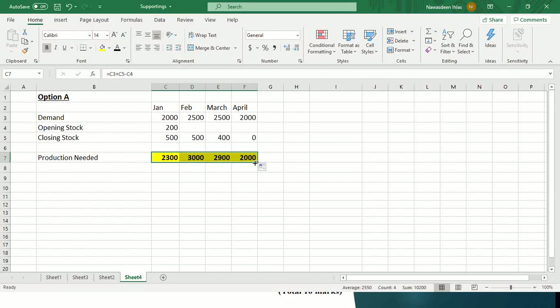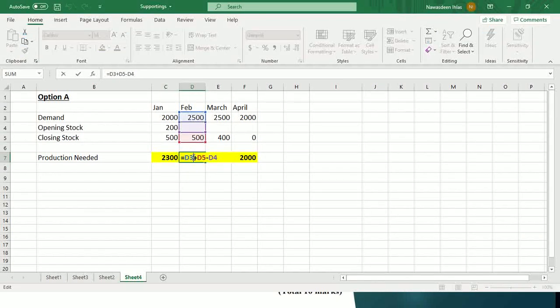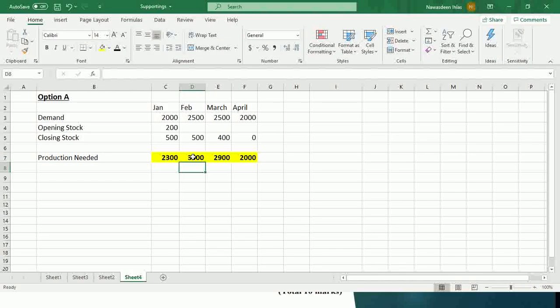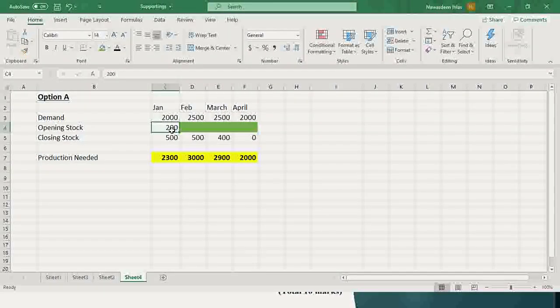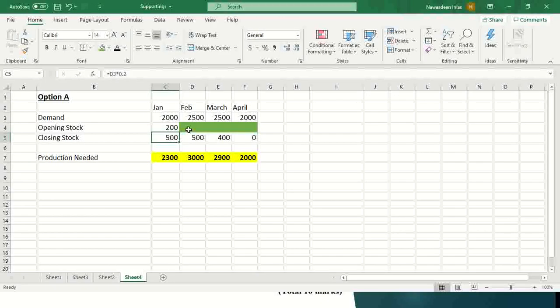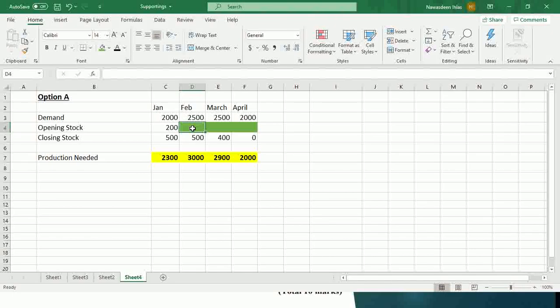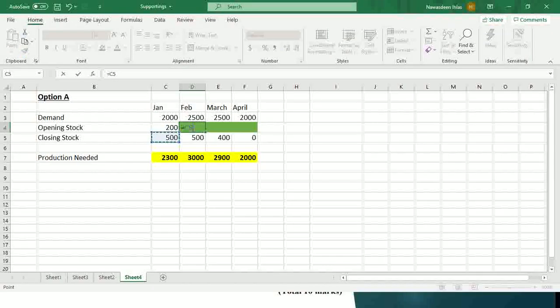So similar formula we can apply for the rest. So you can see, right, then these months' opening stocks we want to adjust. So remember, January's closing stock will be the opening stock of February.